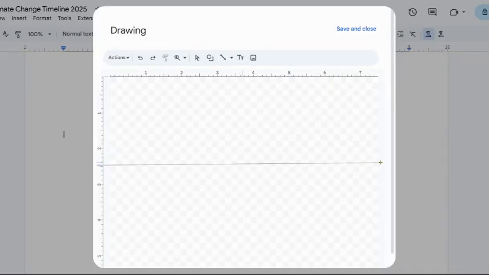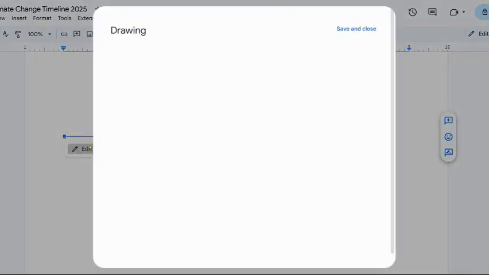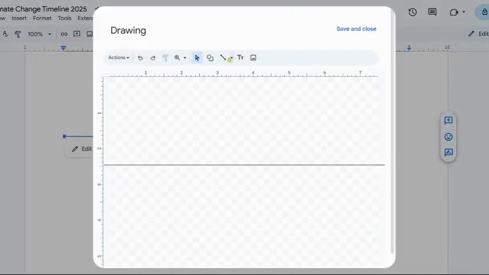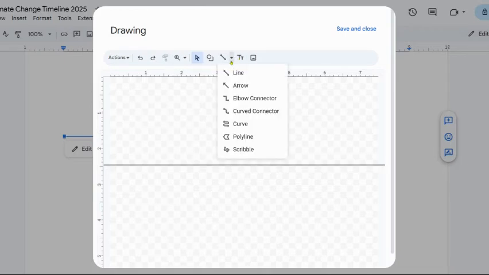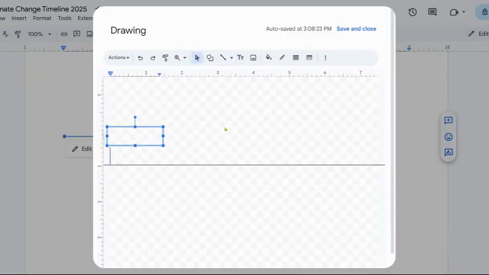It says that it was 360 million years ago. We'll put up a little line. So we will put 360 million years ago, 360 MY.